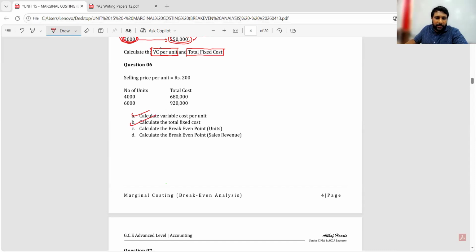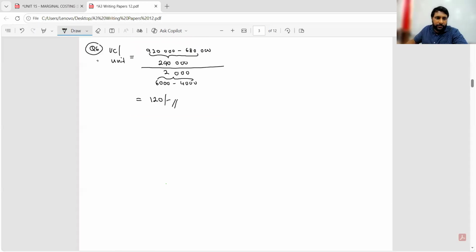Then they ask for the total fixed cost. Total cost equals total fixed cost plus variable cost per unit into the number of units. Whatever activity level you take, people, you will end up with the same answer.